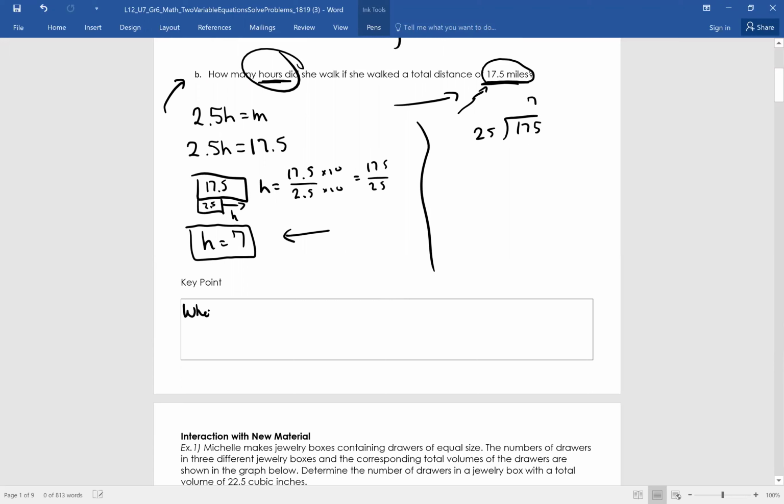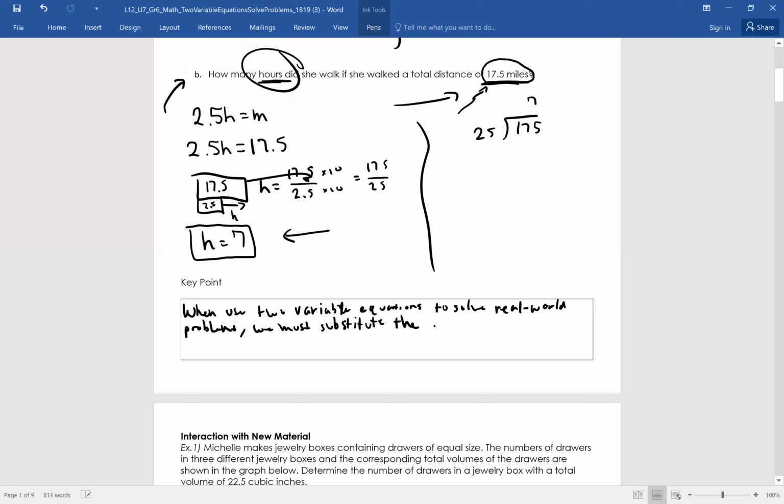When using 2 variable equations to solve real world problems, we must substitute the given value for the matching variable.